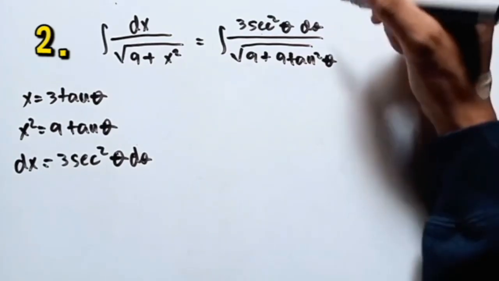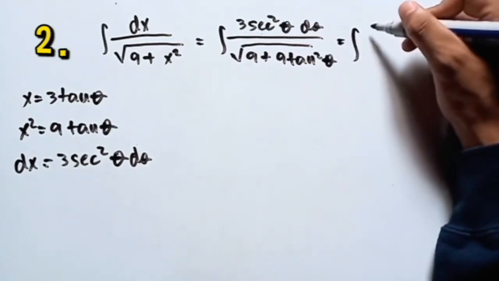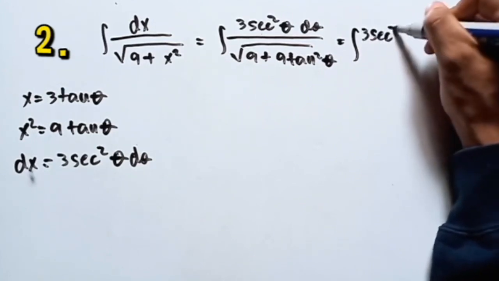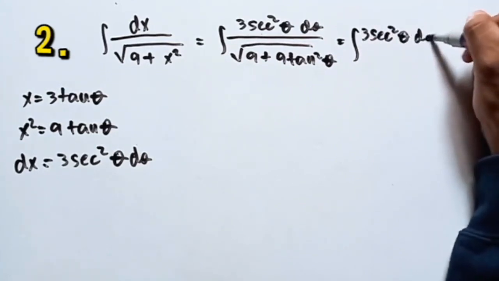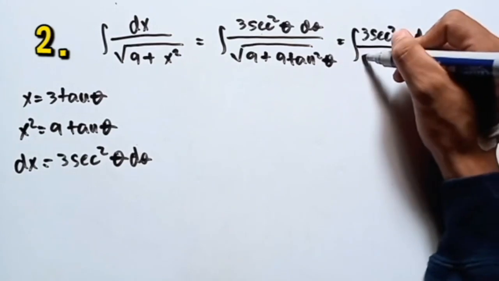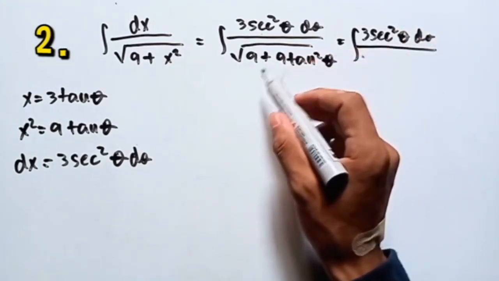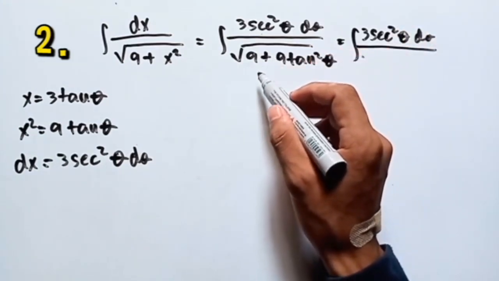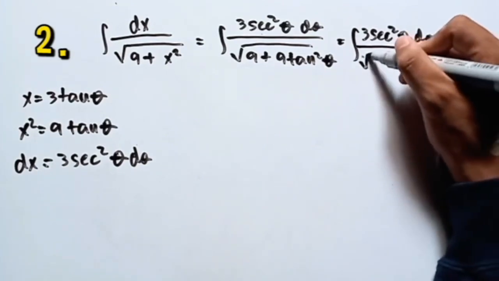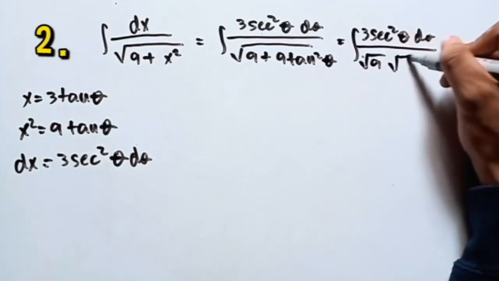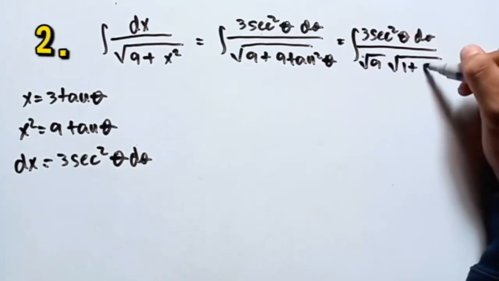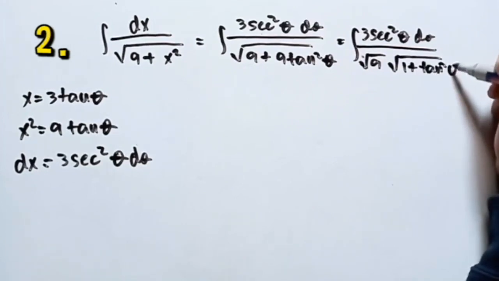Hence, we can simplify this into the integral of 3 secant squared theta d theta over, I will factor the square root of 9, so square root of 9 times square root of 1 plus tan squared theta.